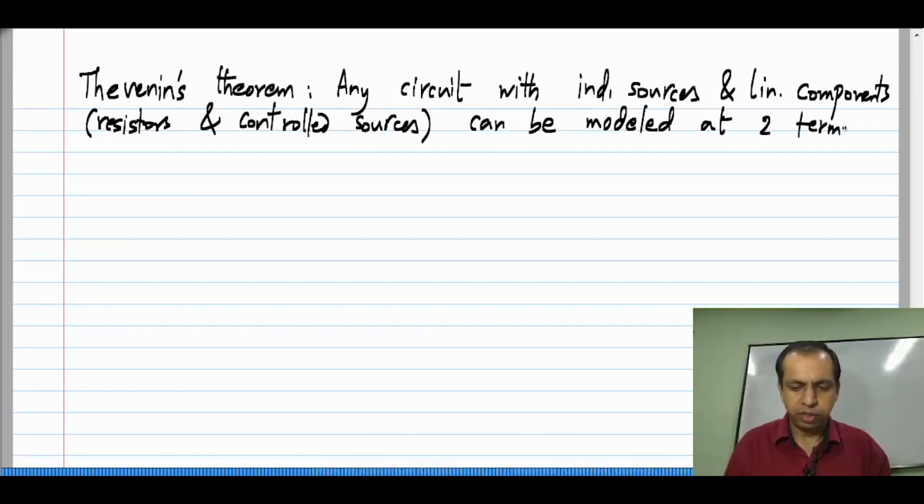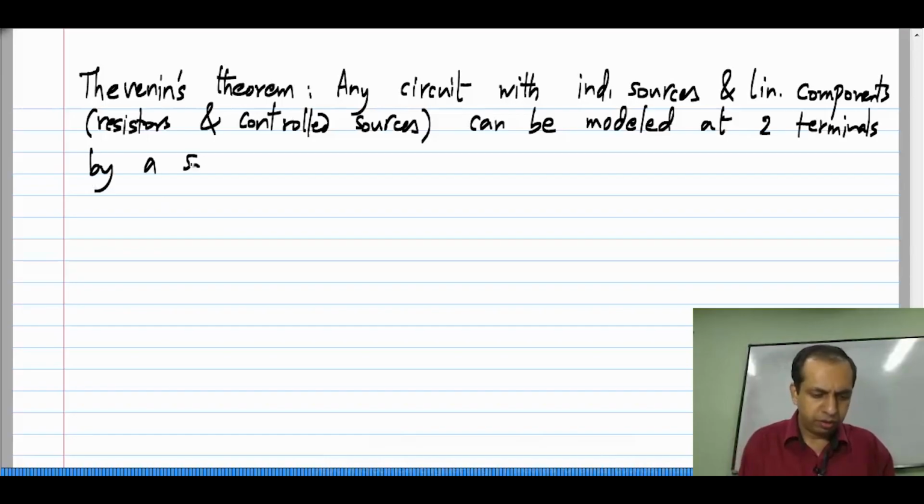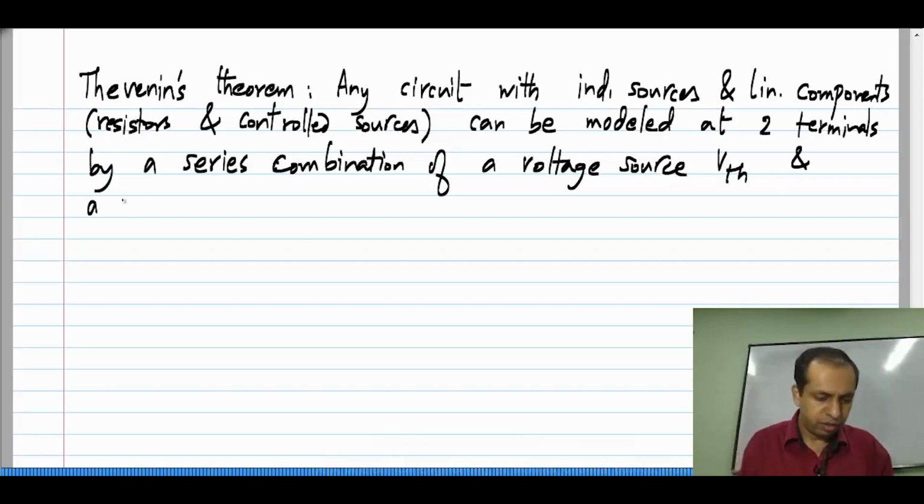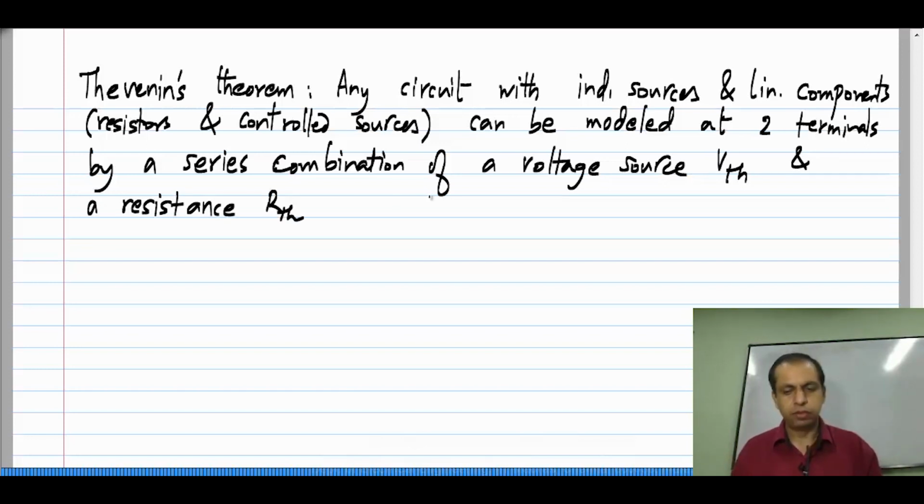The two terminals will be given to you by a series combination of a voltage source of value VTH and a resistance RTH. Okay.